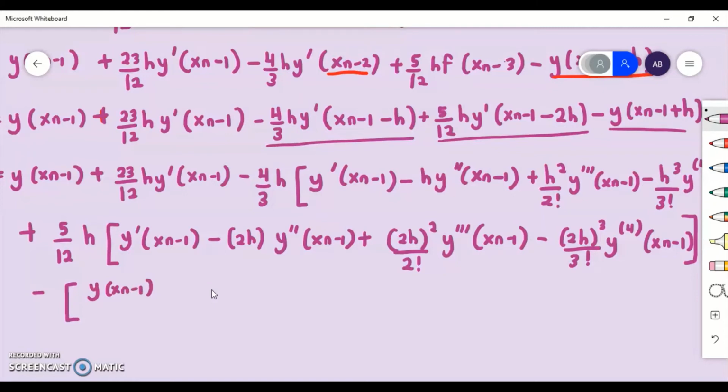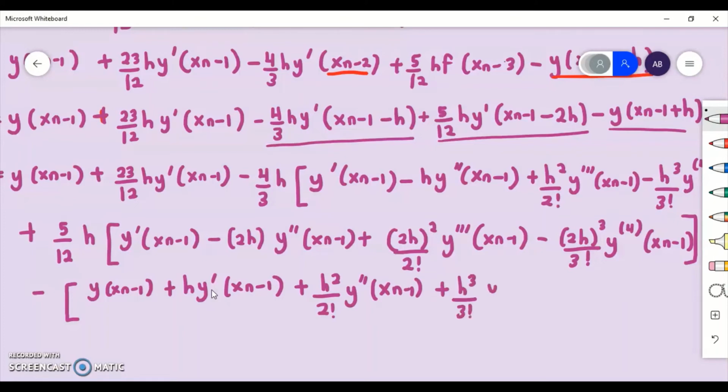Now this is positive, so plus h y prime x_{n-1}, plus h squared over 2 factorial y double prime x_{n-1}, plus h cubed over 3 factorial y triple prime x_{n-1}, plus h to the 4th over 4 factorial y to the fourth derivative x_{n-1}.